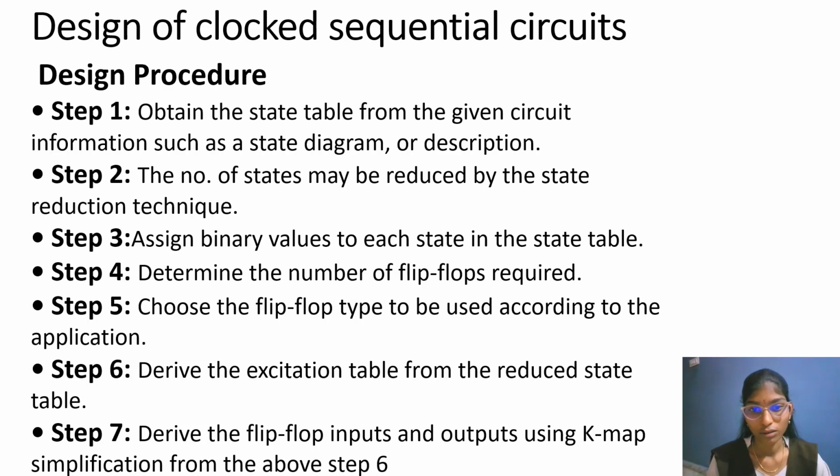Assign binary values to each state in the state table. Step 4. Determine the number of flip-flops required. Step 5. Choose the flip-flop type to be used according to the application. Step 6. Derive the excitation table from the reduced state table. Step 7. Derive the flip-flop inputs and outputs using K-map simplification from step 6.